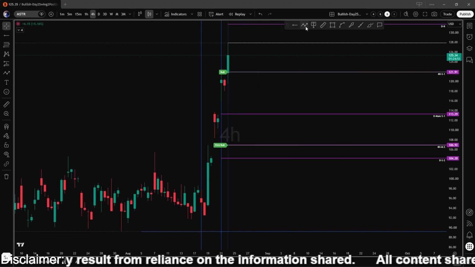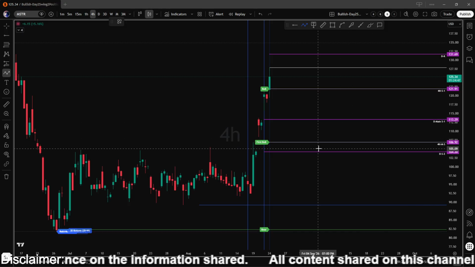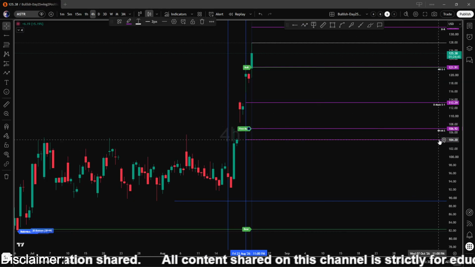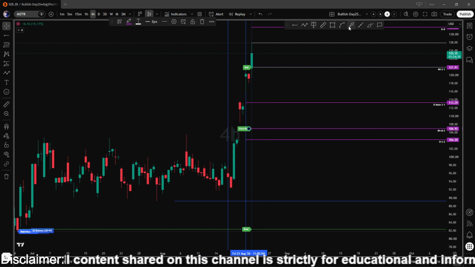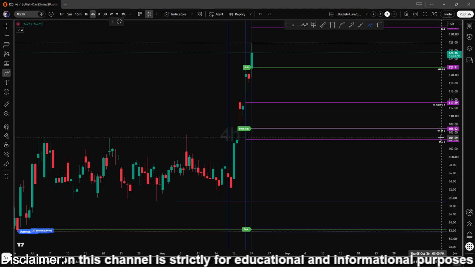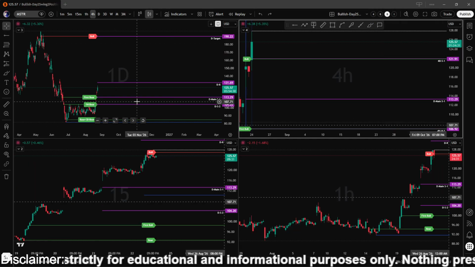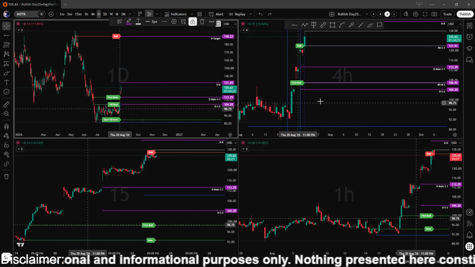One of the important levels we have along with this daily level in the 4-hour is this level, 106.92, and this level is slightly above the daily level, the level which is this one from the daily time frame.